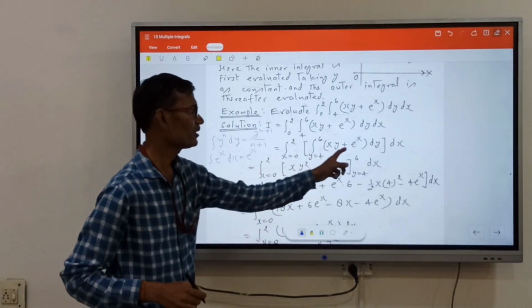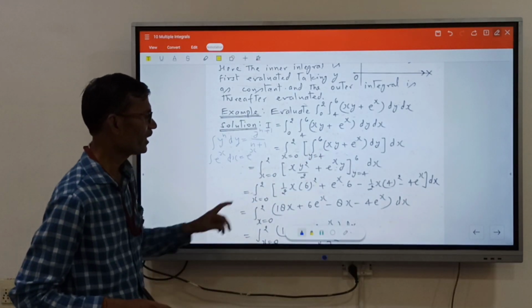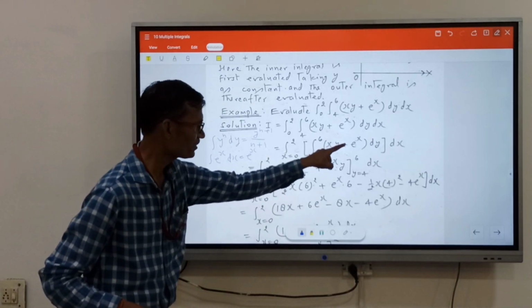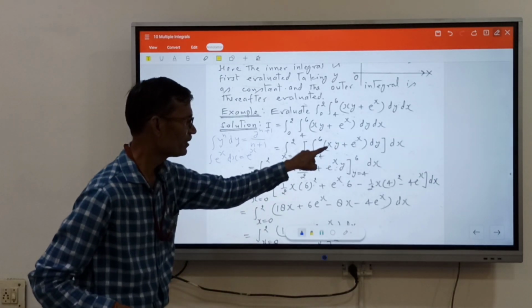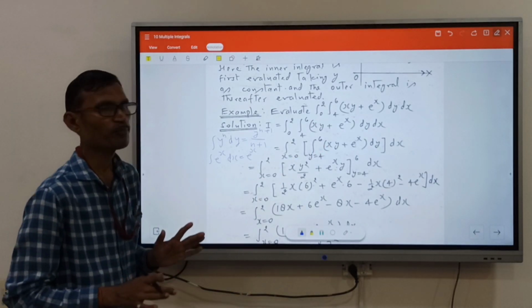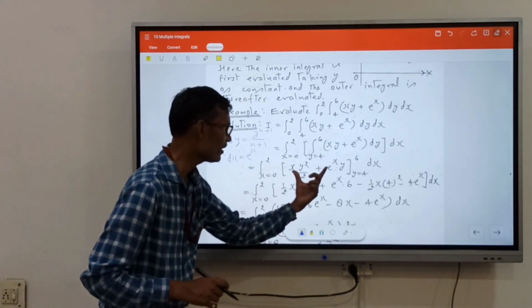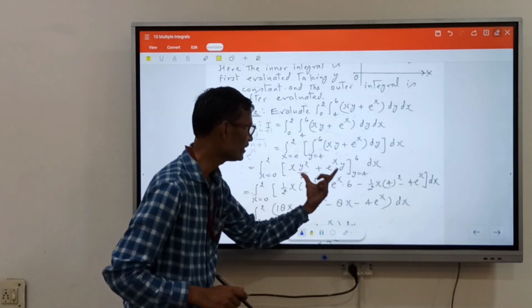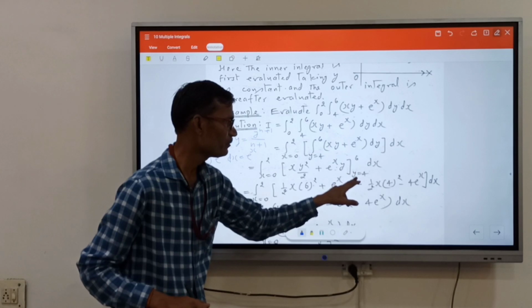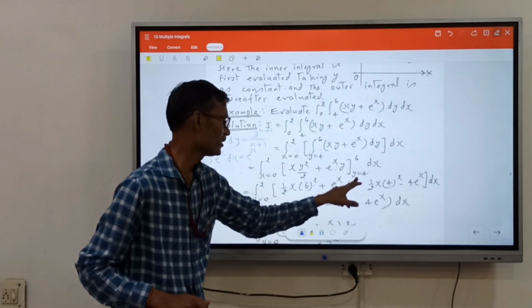You can see that while integrating with respect to y, we have retained x as a constant term. Now let us apply the limits. Firstly we evaluate the integral at the upper limit and then minus the lower limit.